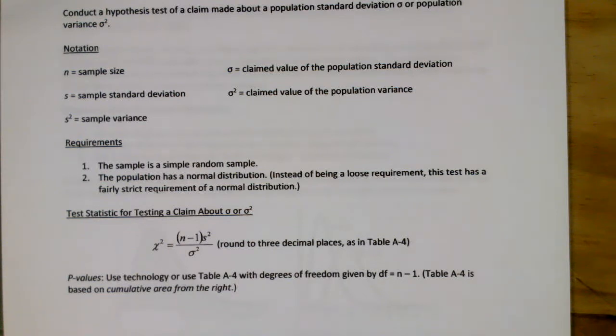It'd be best to use technology, mainly the TI-84 plus calculator, which I'll be using here in this video. And of course, our degrees of freedom will be given by df equals n minus 1. And if you were using table A-4, it's always the cumulative area from the right.